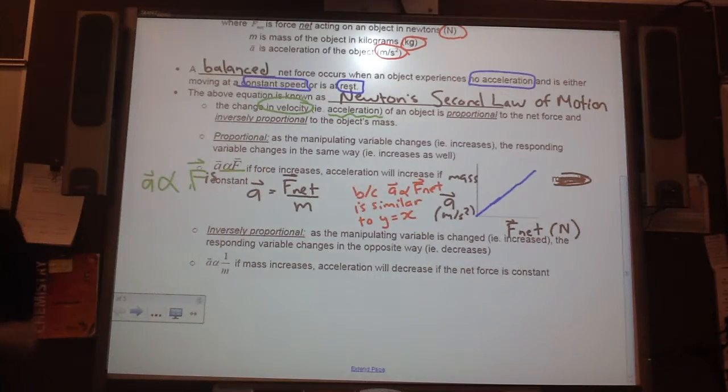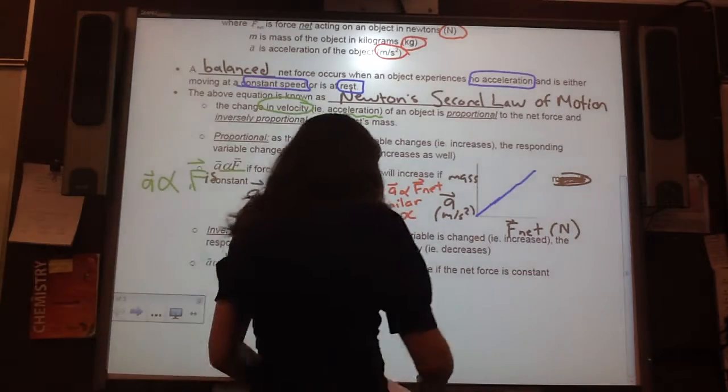So a linear shape on a graph is y is proportional to x. Okay, have you done that yet in math? Are you guys in math this semester? Okay, you'll do it next year. Okay, good. So that's why they'll have a linear relationship, because they're directly proportional.